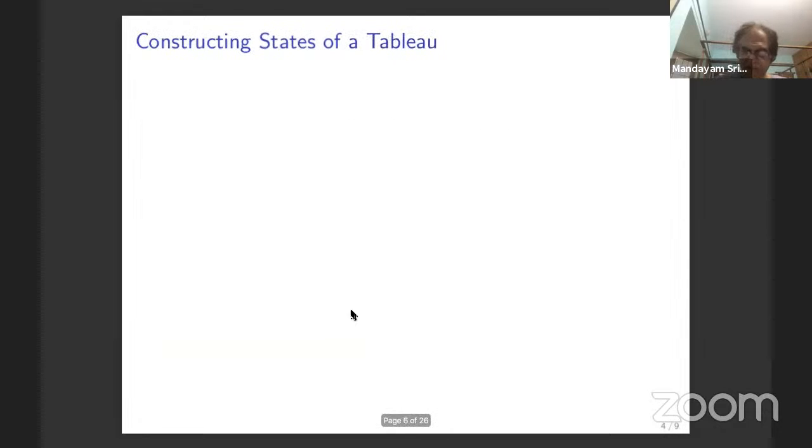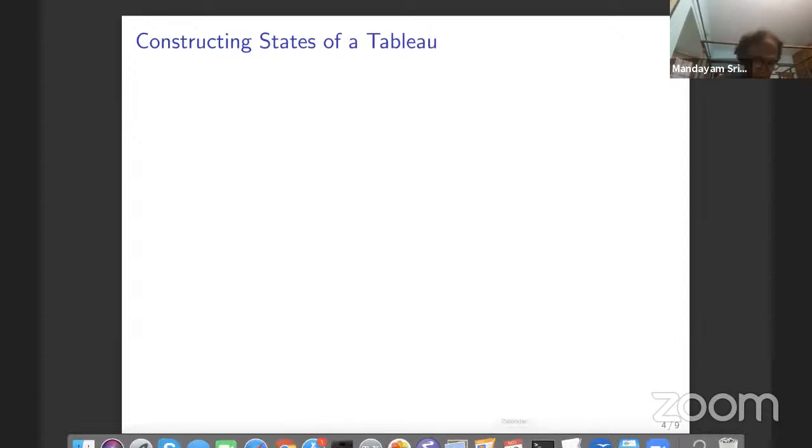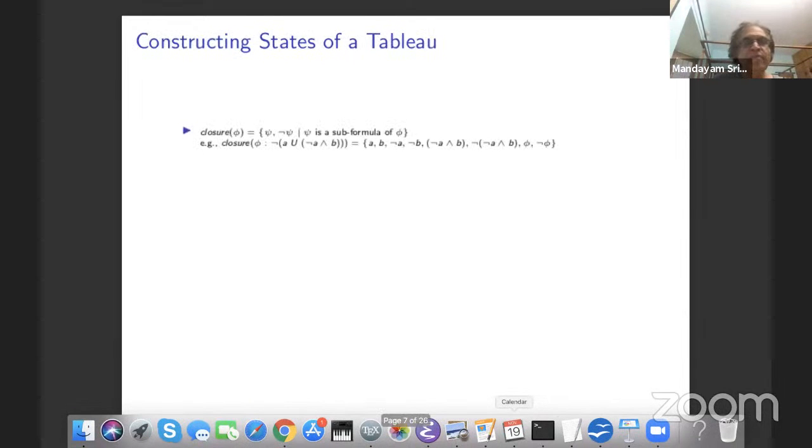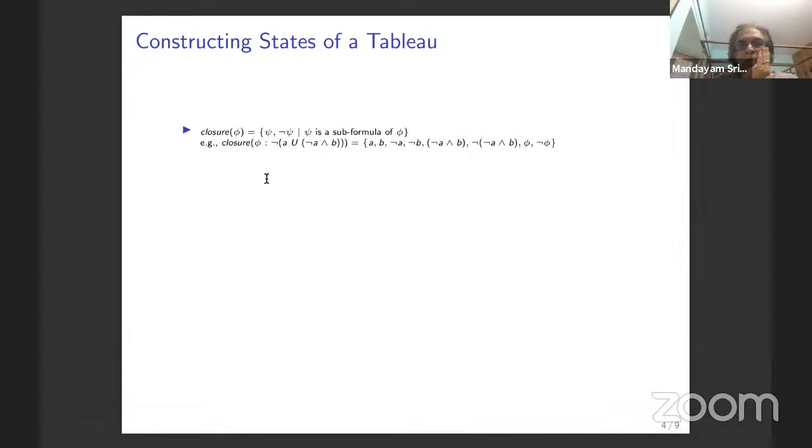So here is the method for constructing the states, okay? The closure of phi, given a formula phi, is the set of all subformulas of phi, including itself and its negated version. Okay, that is the closure.